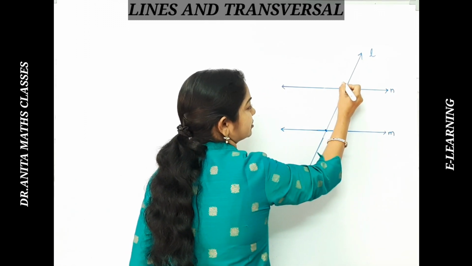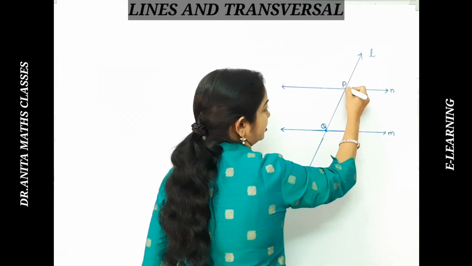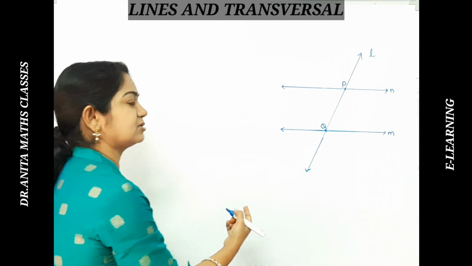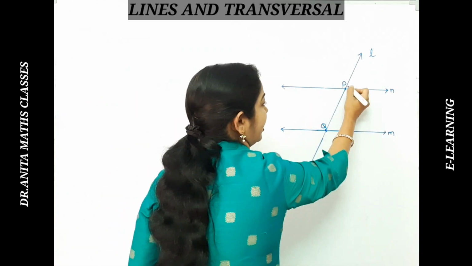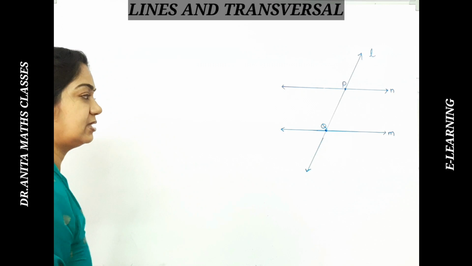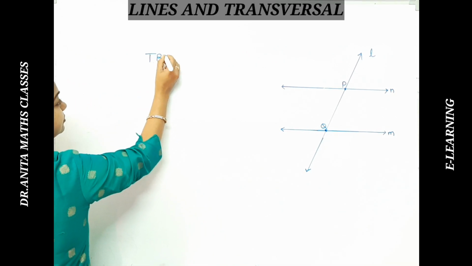So let me suppose this point as P and this point as Q. Okay. So such a line which meets a pair of parallel lines or a pair of lines at two distinct points, such a line is called a transversal.